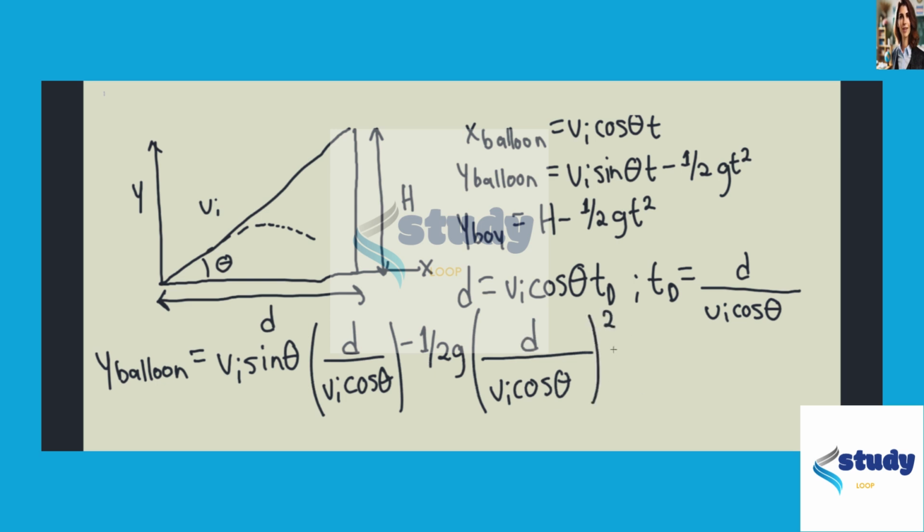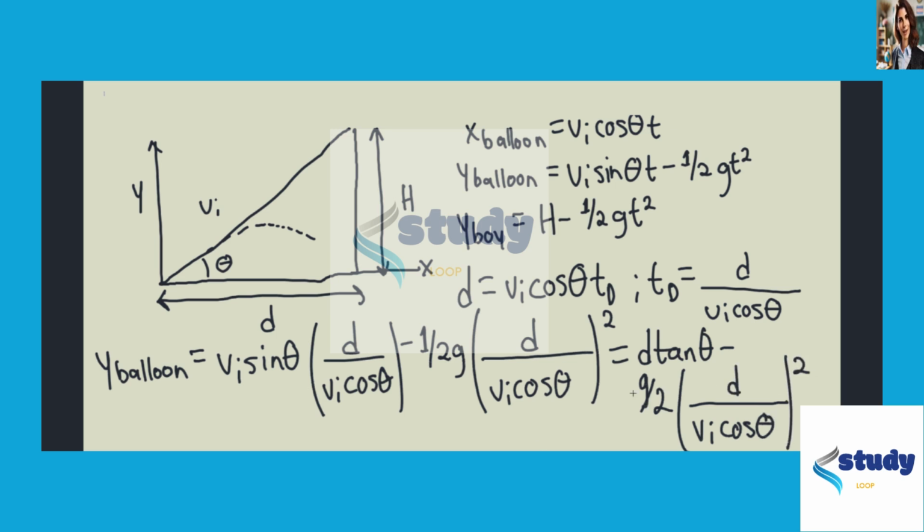And this is going to equal d tangent of theta minus g over 2 times d over v initial cosine of theta, quantity squared.